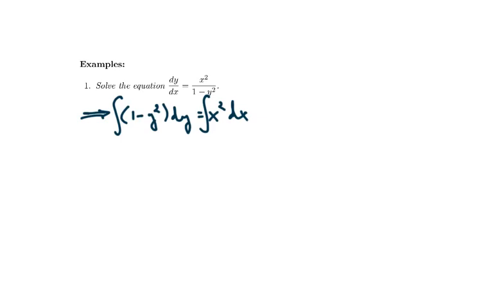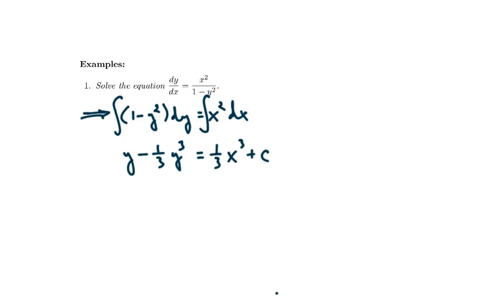And on the left-hand side, we have a polynomial, which is going to become y minus 1/3 y cubed equals, and on the right-hand side, that's going to be 1/3 x cubed plus c.